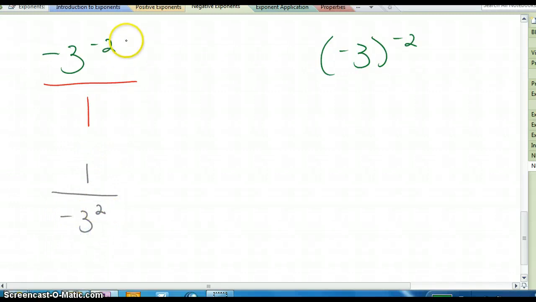So the negative exponent only means to flip this upside down. That's all it means, and then it becomes positive. The negative in front of the base means that the number is negative, so we leave that there. Now we need to apply our exponent, and we've learned that that negative in front of the 3 actually just means opposite. So this is 1 over the opposite of 3 squared, which is 9. So that's 1 over negative 9.